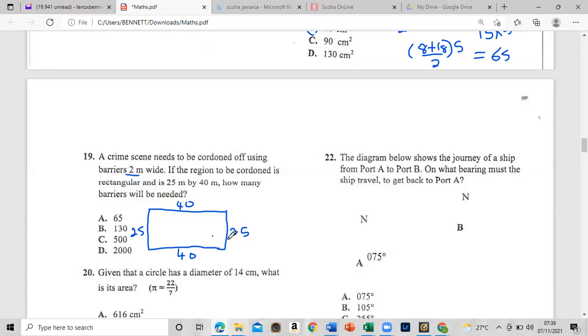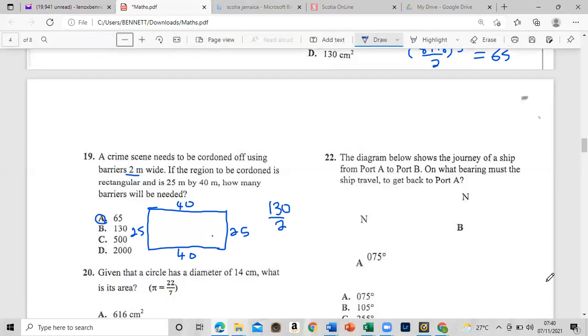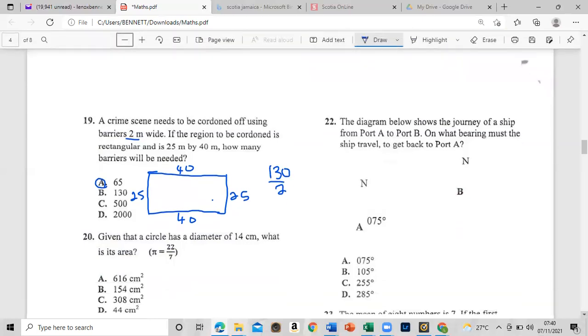So the total distance around is 130. However, they did give us 2 meters per barrier. If every one covers 2 meters, how many do I need? I have to divide 130 by 2, which is 65. Very good question.